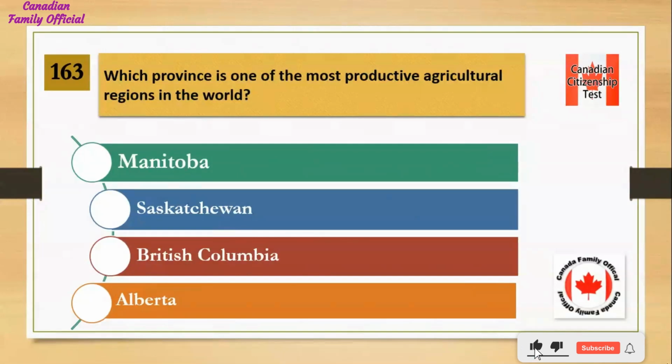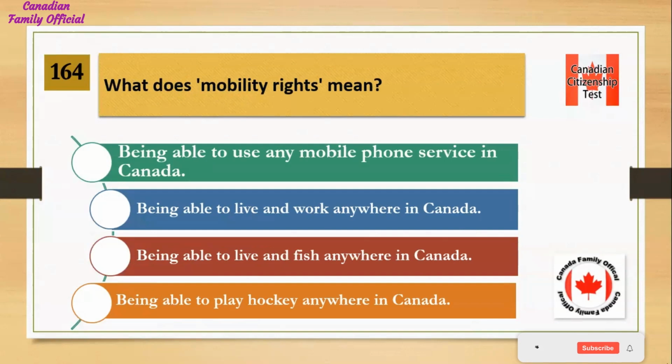Which province is one of the most productive agricultural regions in the world? Number 1 Manitoba. Number 2 Saskatchewan. Number 3 British Columbia. Number 4 Alberta. And the answer is Saskatchewan. What do mobility rights mean?